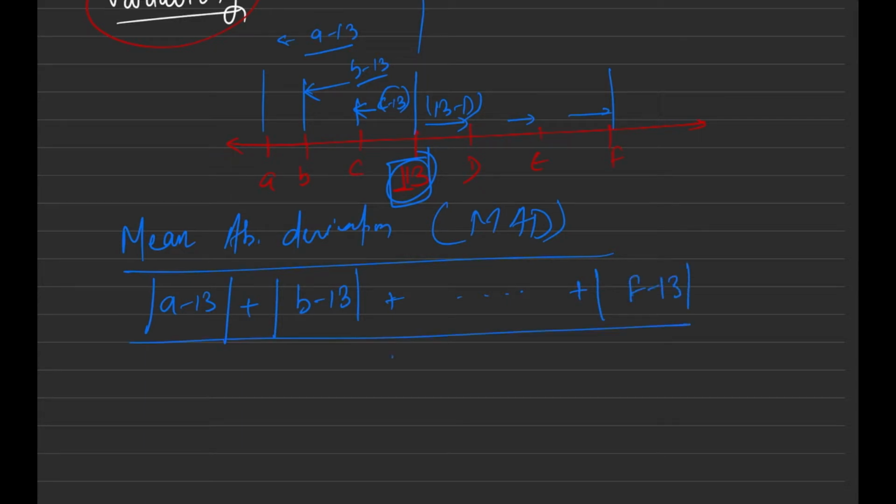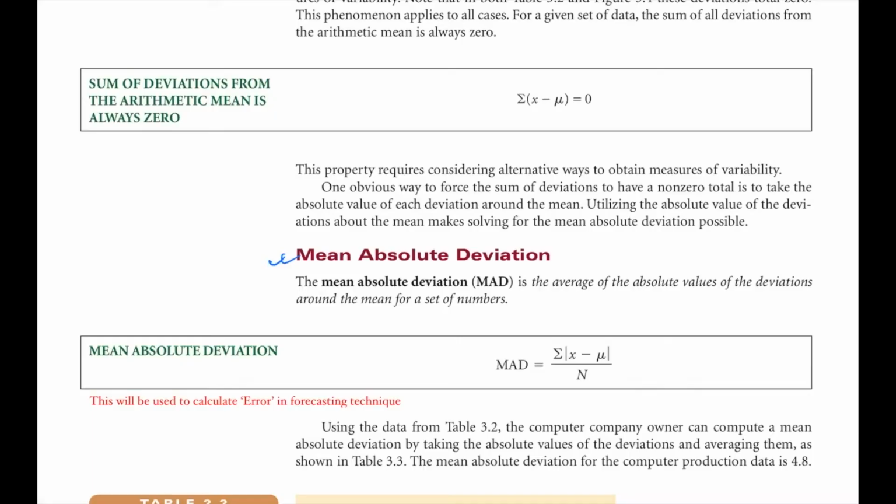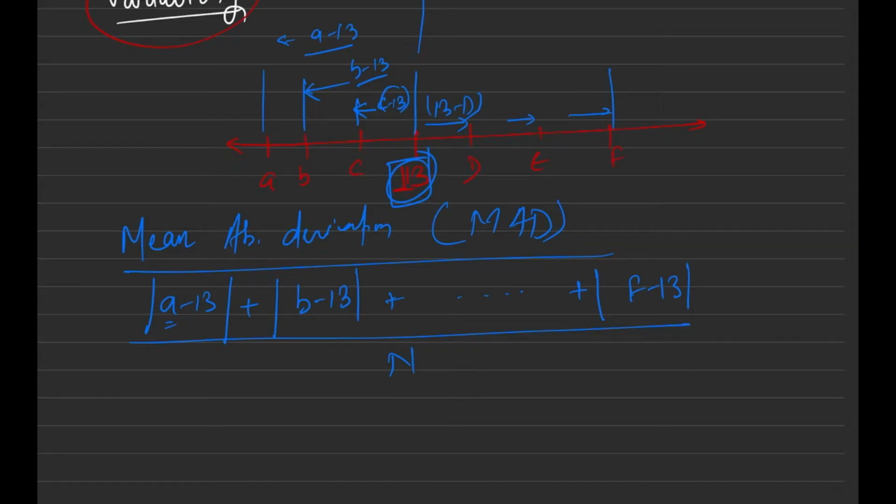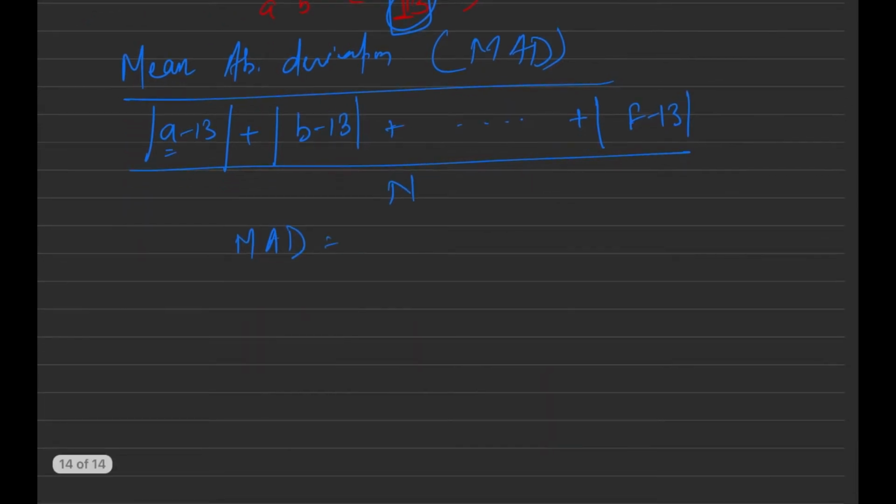All those you sum, and then you divide by n, how many numbers there are. So this is nothing but mu minus x, or x minus mu, whatever you write. I can write that MAD is equal to sigma of mod of xi minus mu, divided by n.